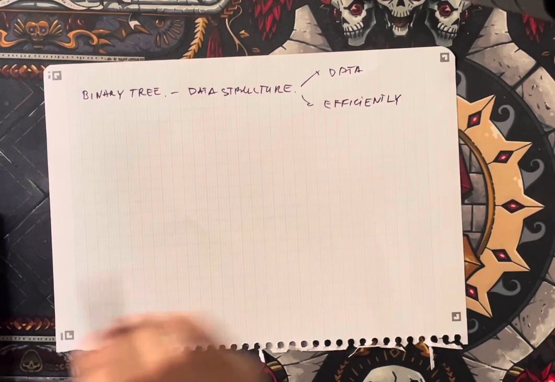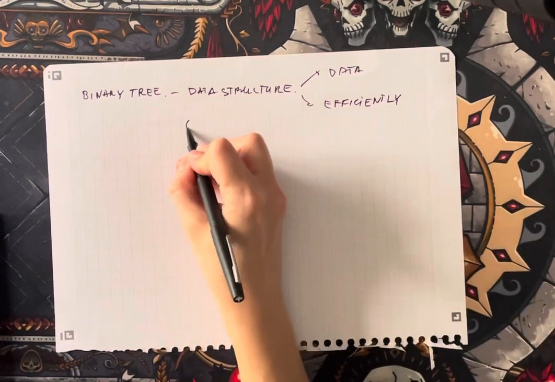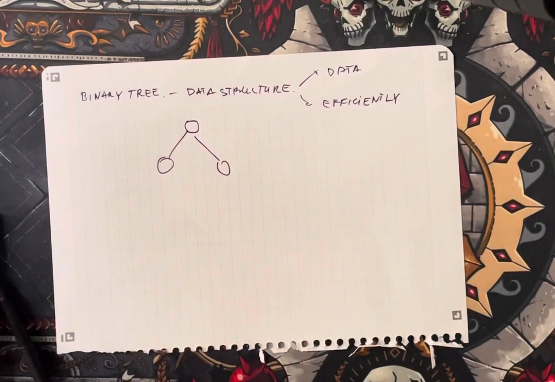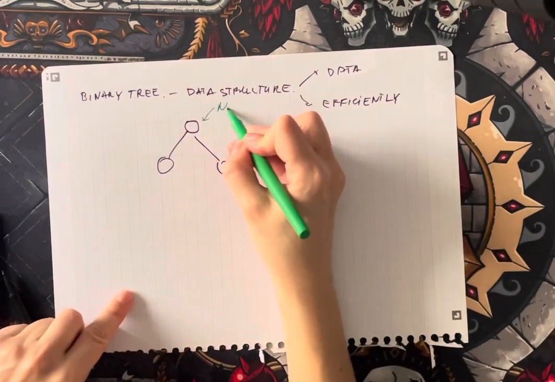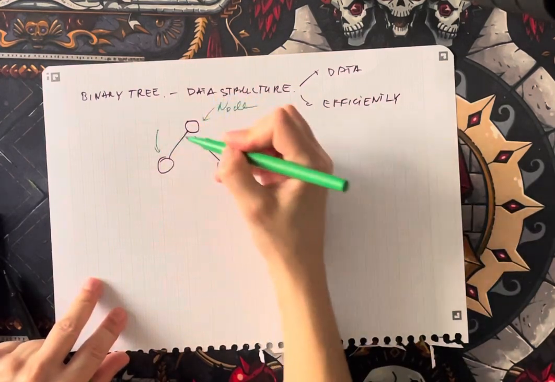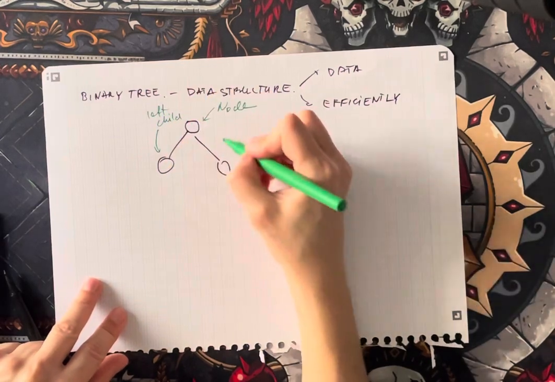So let's dive right into it. What is a binary tree? Think of the following image. We have nodes, and each node has children. This is a left child, this is a right child.